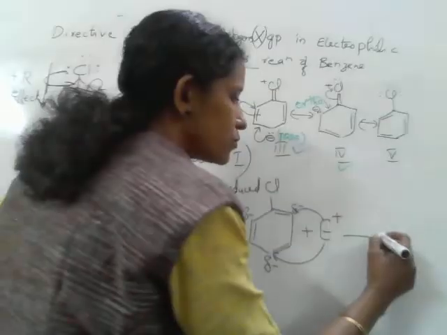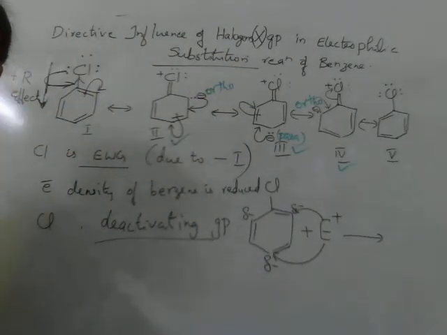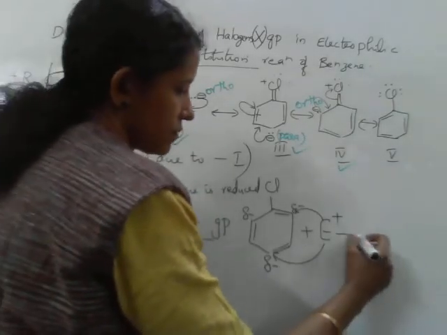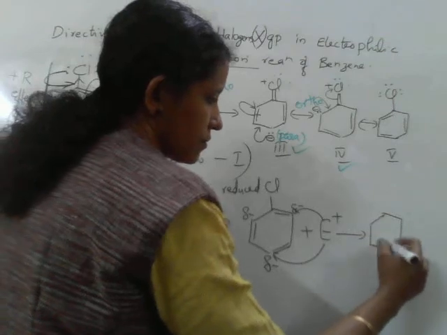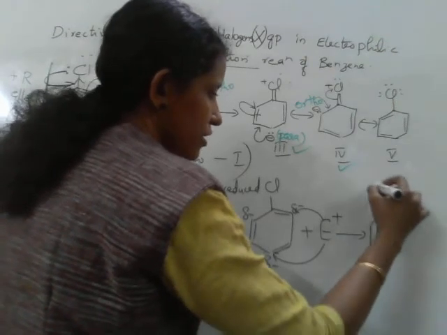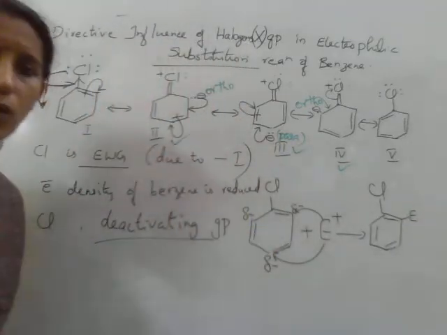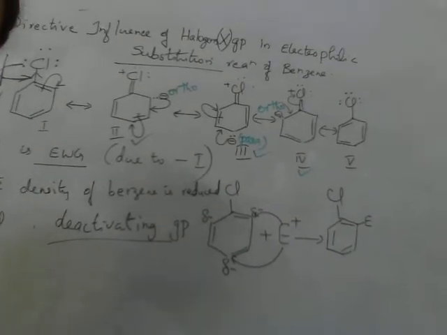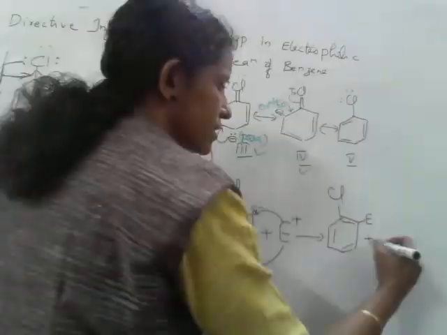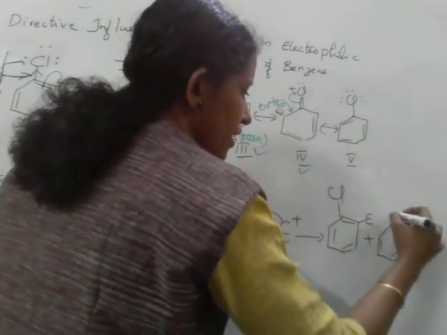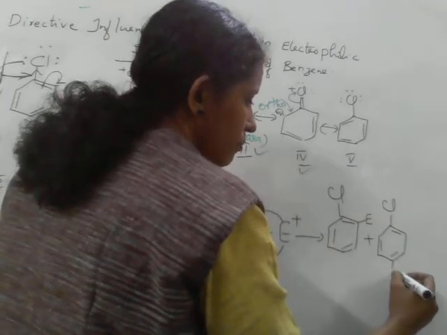So here we get 2 products. One product is the one in which the electrophile is directed to the ortho position, the ortho substituted product, and the other one is the compound in which the electrophile is directed to the para position.